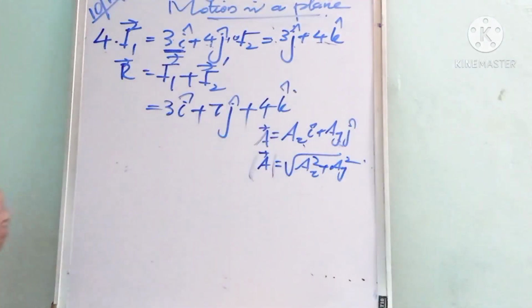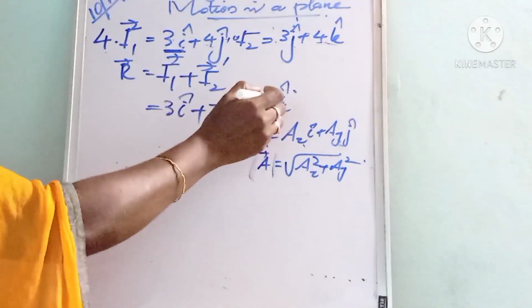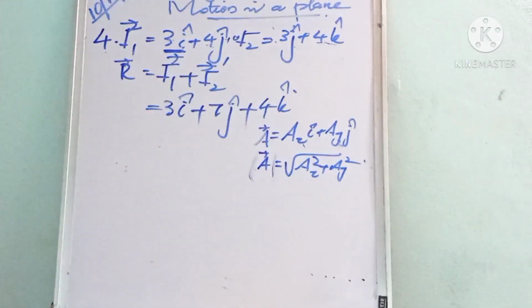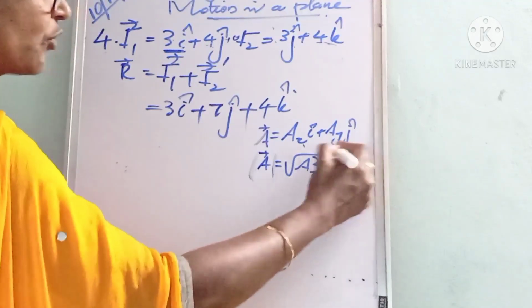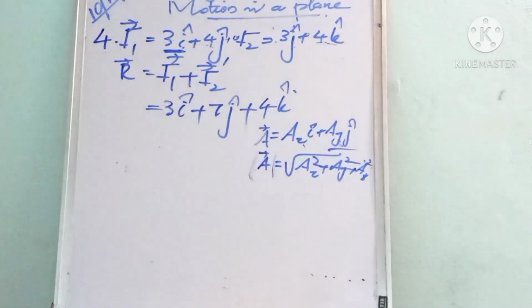But here the Z axis is also involved, so in that case we have to write Az square. This is the way to find the magnitude.